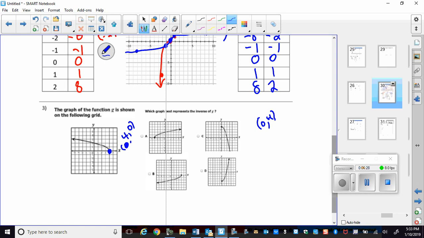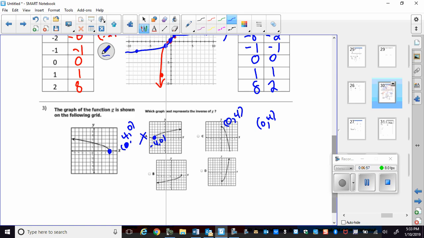Which graph best represents the inverse of g? If I switch the coordinates, I get 0, 4. So the one that starts at 0, 4, it's not A. This right here is negative 4, 0, not A. Is it C? Yes. 0, 4.